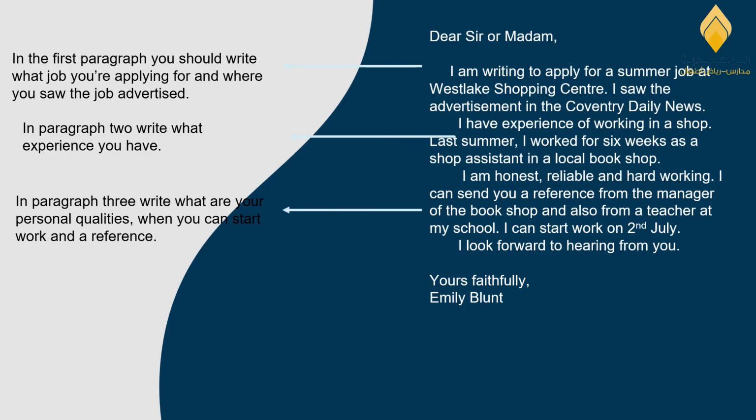In the first paragraph, you should write what job you are applying for and where you saw the job advertised. Then you can write about your experience, where you worked, and in the last paragraph, you should write about your personal qualities, your values, the manners that you have, and at the end when you can start working, and a reference.